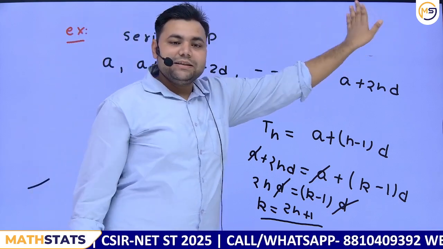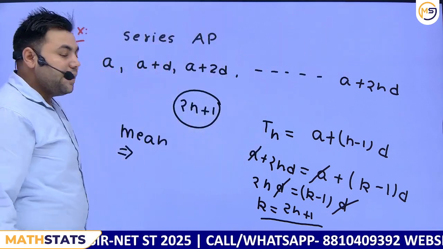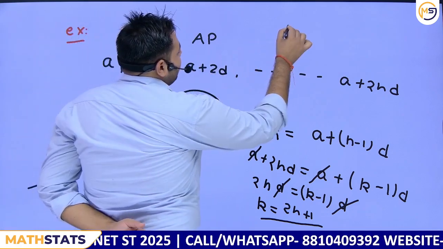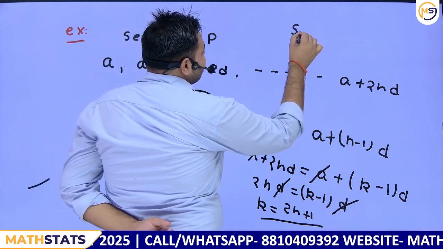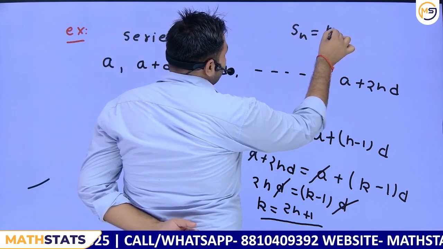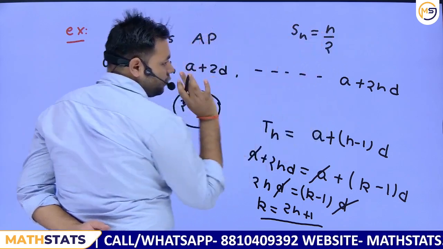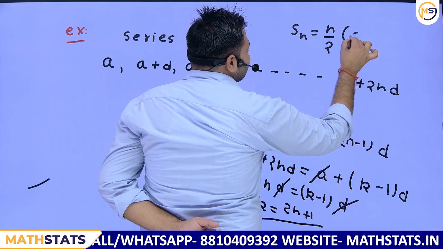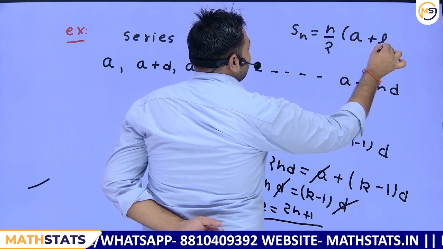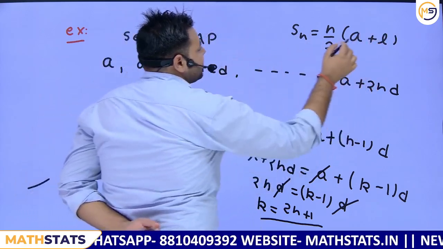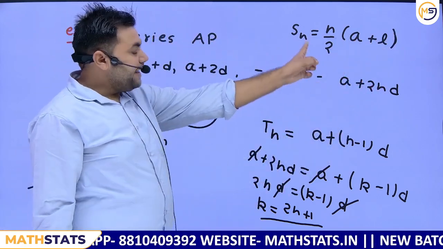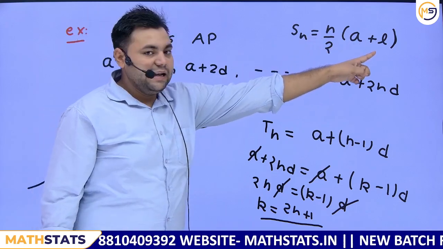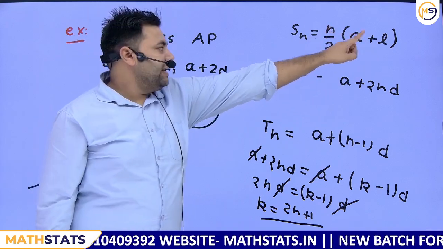Why is this the mean of an AP series? Because, if anyone remembers, the sum of an AP series is Sn equal to n by 2 into A plus L, where n is the number of terms and L is the last term.